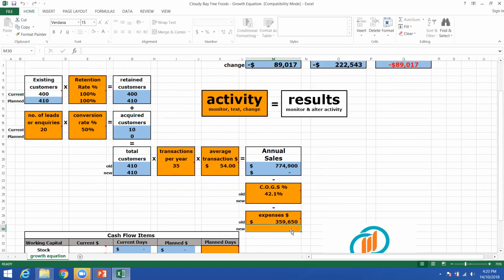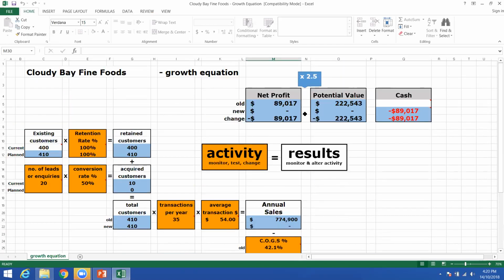We also take off her normal business expenses, all the overhead she needs to spend money on to make sure that her business functions well. She's spending just under $360,000. That's just under $30,000 per month. And this achieves a net profit of $89,000 for that year.